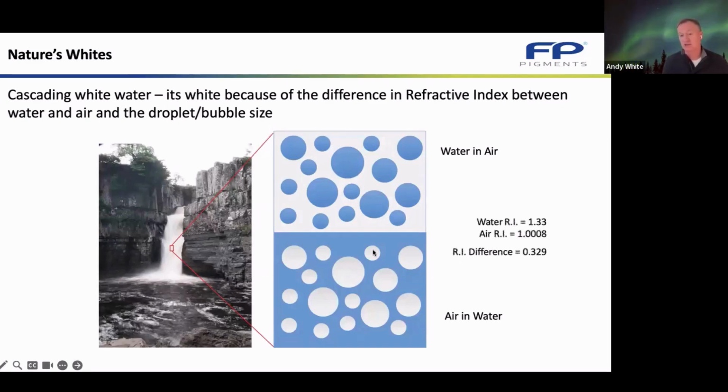Refractive index of air is 1, water is 1.3, so there's a refractive index difference of 0.3. The light is being bent multiple times by the many, many small particles, just in the same way as we explained in the previous slide, so you're seeing white light reflected back to you and you see whiteness.